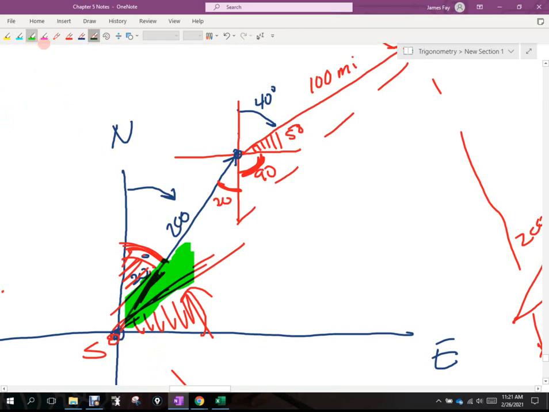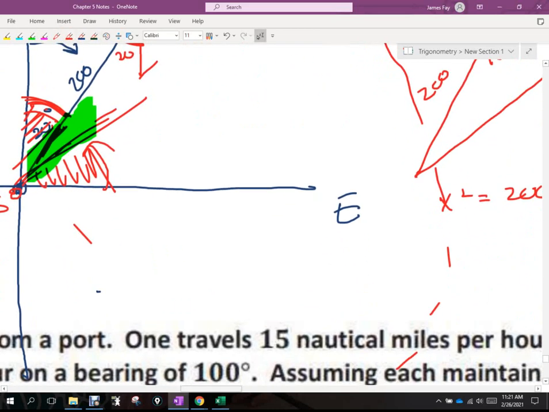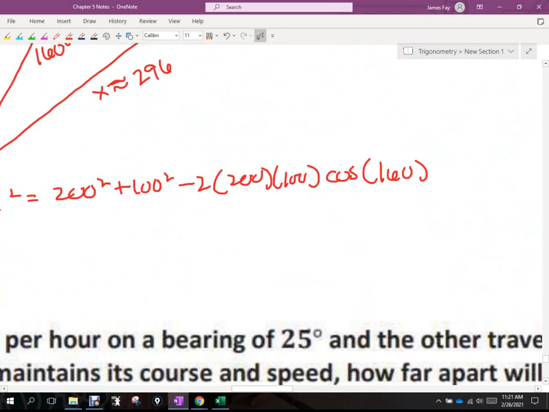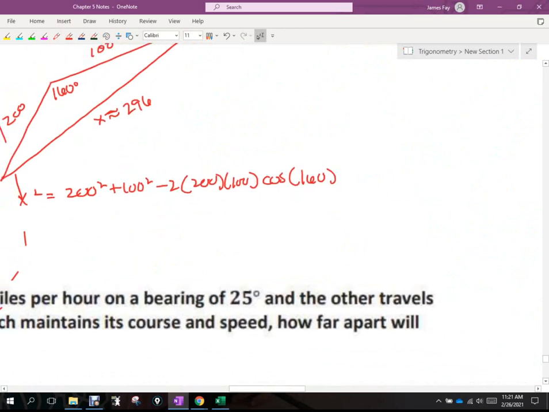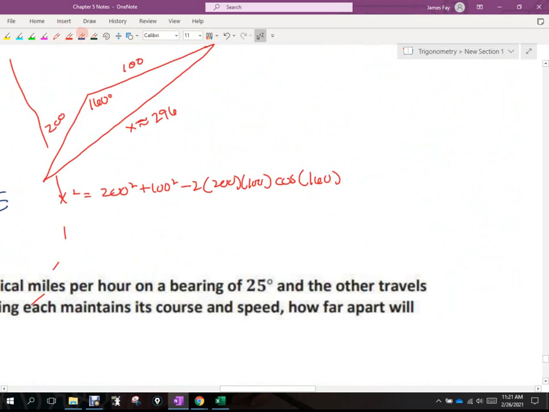So if we come back over here, now that we have all that information, we should be able to say that the sine of 160 over 296 should equal, I'll just call this angle A here, the sine of A over 100.